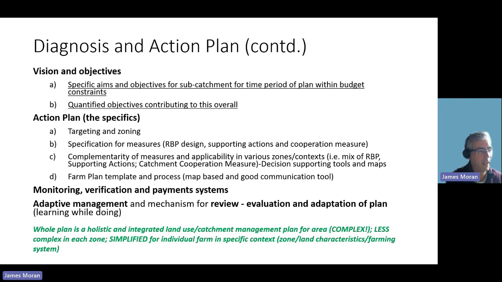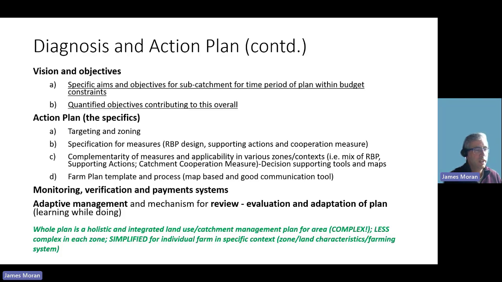So the whole planning process of this, the whole plan is a holistic integrated land use catchment management plan for an area. The plan itself will be complex by the very nature of the complexity we're dealing with in terms of this range of services, taking into account food and fiber provision, but also the quality of water, air and nature services.